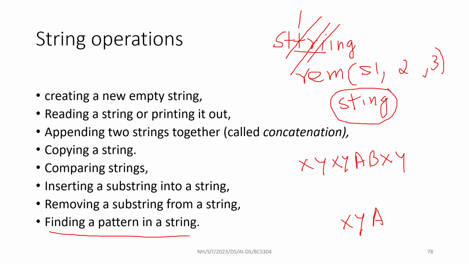It takes the next characters like these two, not proper. Again, as the match is not found, it goes on like this. X X matched, Y Y matched, and A matched. The pattern is found at position 2. So it returns where exactly this particular pattern appeared in the main string. That position will be returned.